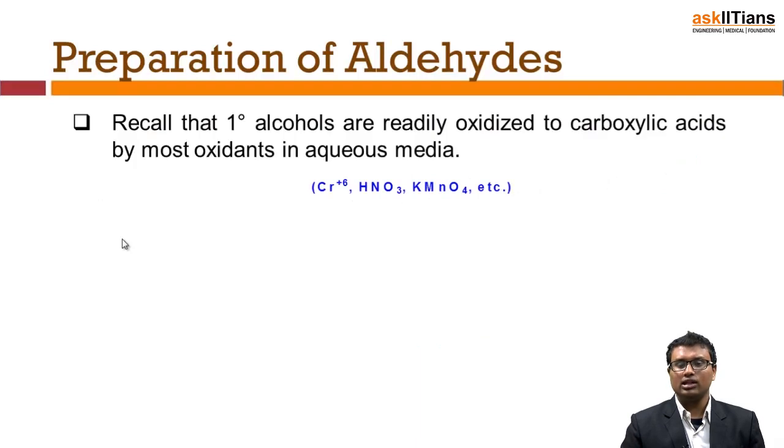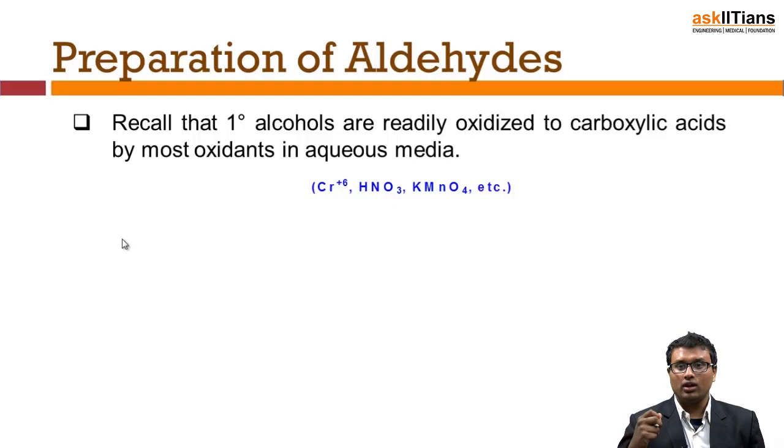So recall 1 degree alcohols. If you understand alcohols, you know what 1 degree alcohols are. There is also another important concept: 1 degree alcohols can be oxidized to carboxylic acids. If I oxidize an alcohol, I get an aldehyde. If I oxidize the aldehyde further, I get a carboxylic acid.